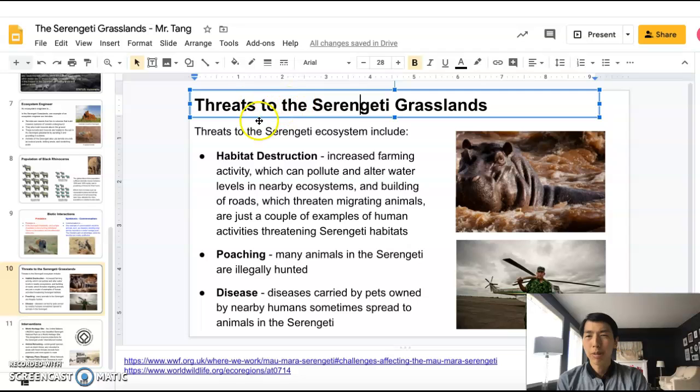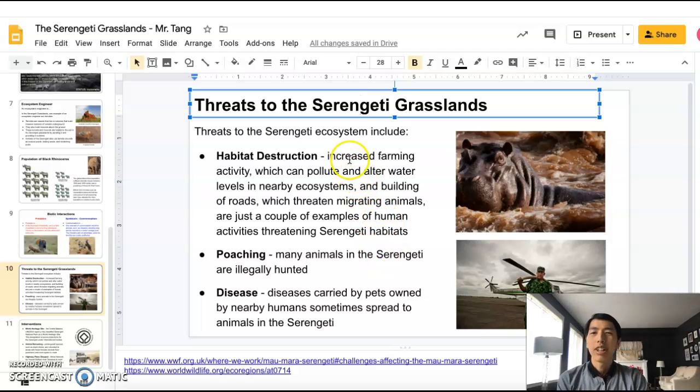So the ones I chose for my threats, you have to pick 3. So habitat destruction is a clear one, and that's probably going to be one for most ecosystems, I would say. Humans are expanding all over the earth, and they affect natural habitats as they do so.